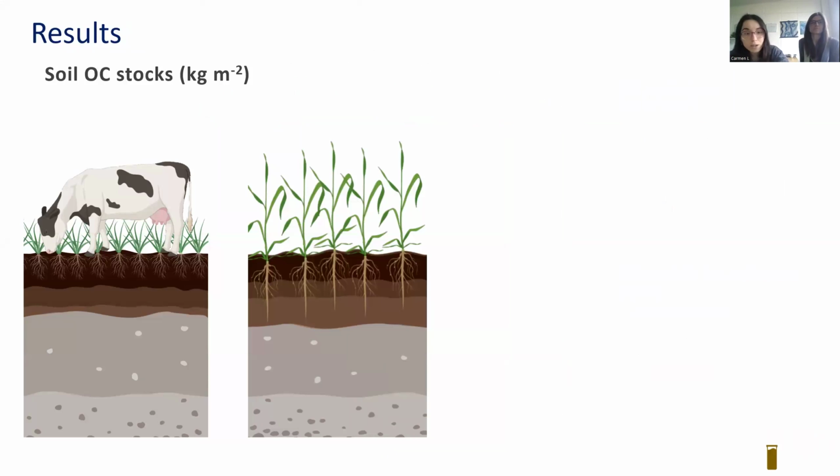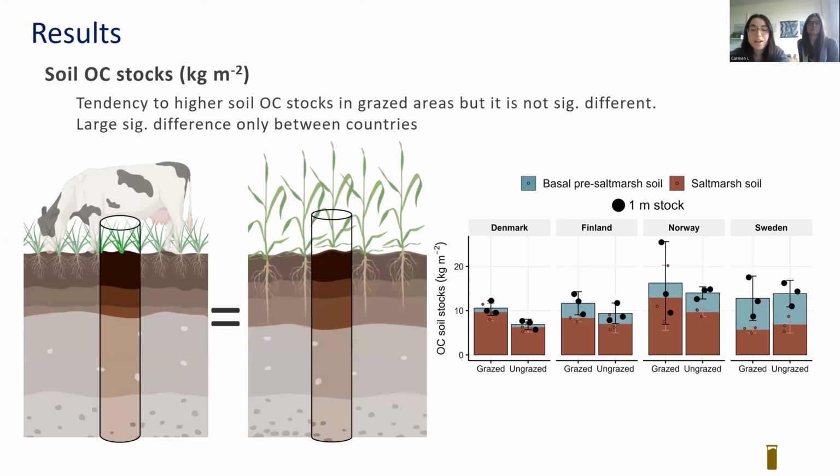So I start with the soil organic carbon stocks. And here are the results for the 1 meter stock. And you have in brown how much of that stock we believe is from the salt marsh, and how much is from a basal pre-salt marsh habitat.